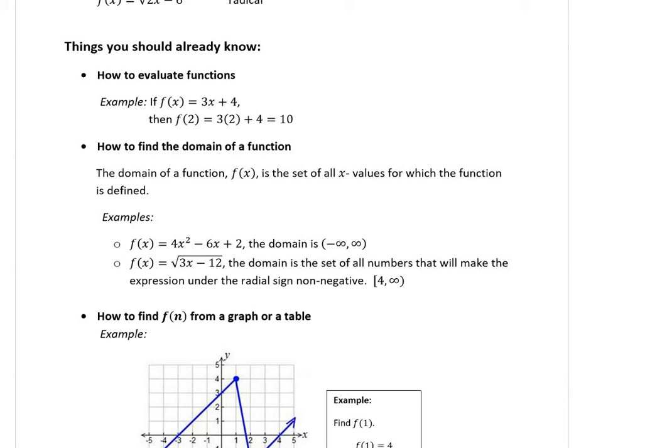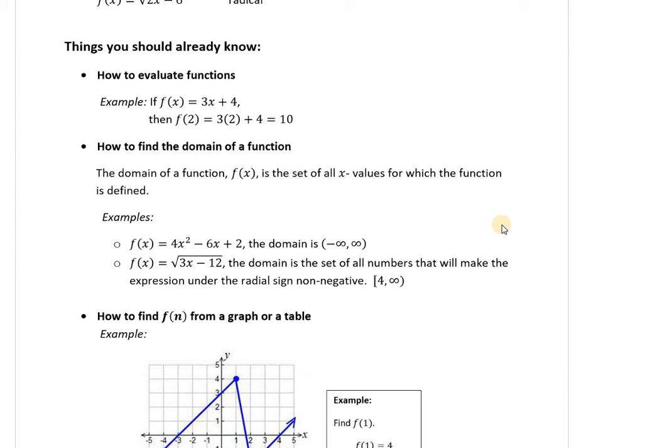For example, in a polynomial, the domain is from negative infinity to positive infinity, because you can put any real number in for x and you're going to get out a real number. For my second example, I have the square root of 3x minus 12. Now remember that you cannot take the square root of a negative number when you're in the real number system.